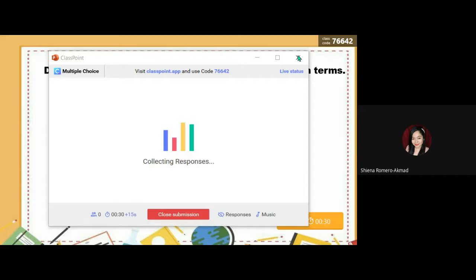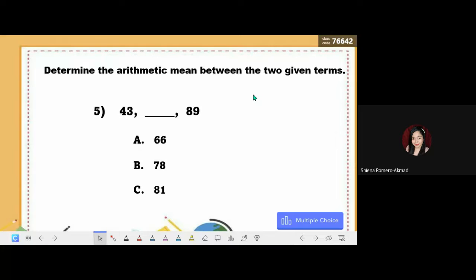Then, next. 43 blank 89. Yes, Charis. Letter A po. Letter A. So that's 89 plus 43, that is 132.